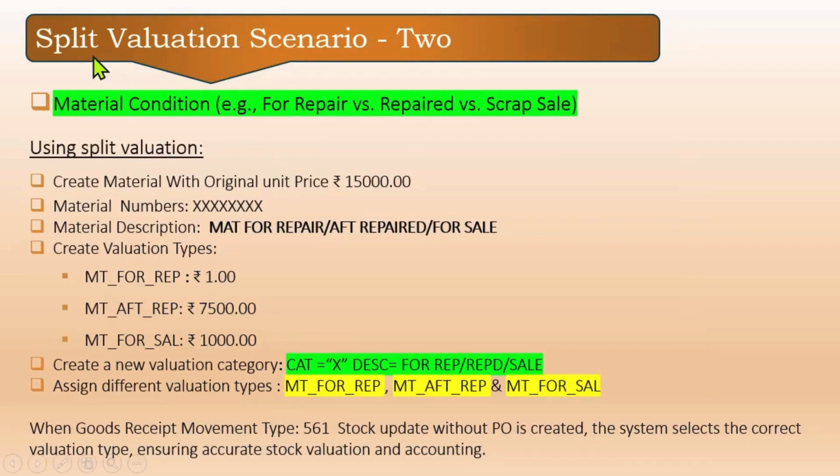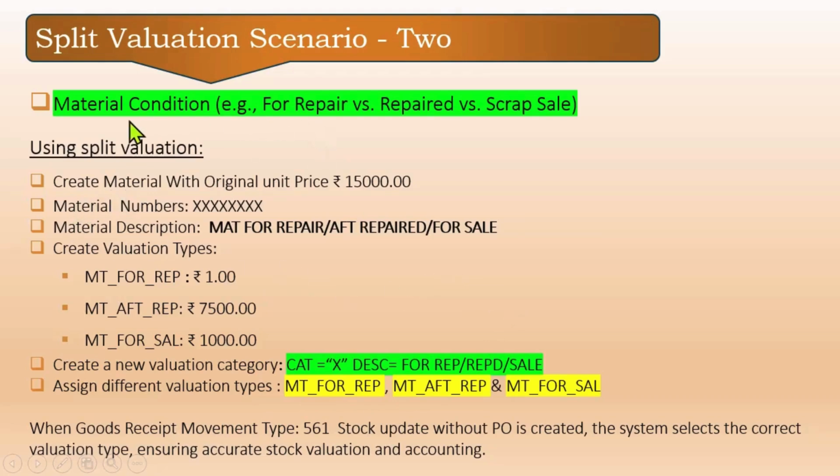Here, this is split valuation scenario 2. We are taking material condition. Based on material condition, we have made this sample model. Following this same model, we will exactly simulate it in the system in real time.